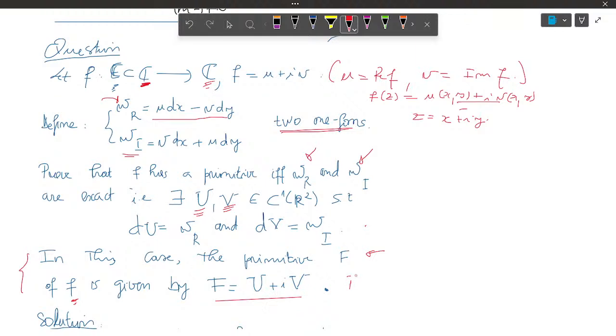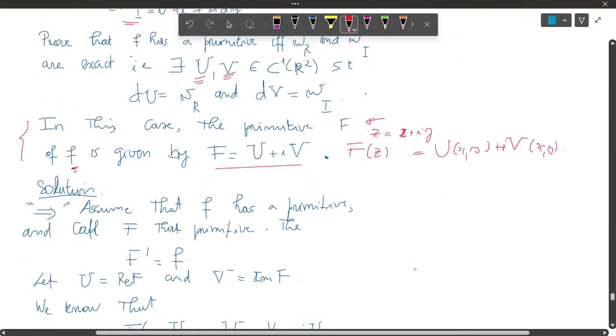It means that if I want to compute capital F of z, with z seen as x plus i y, it's going to be capital U of x, y plus i capital V of x, y. So this is what we're going to do.